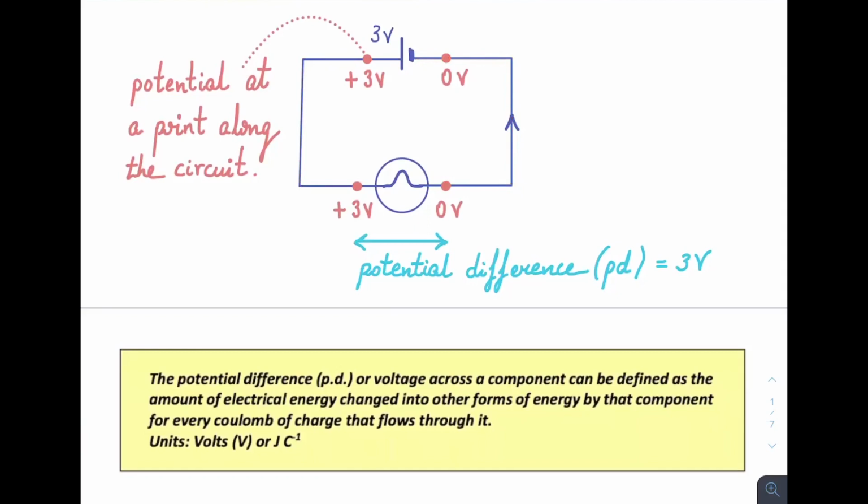It can easily be seen that the left-hand side of the bulb is at a higher potential than its right-hand side. We say that a potential difference or voltage exists across the bulb.